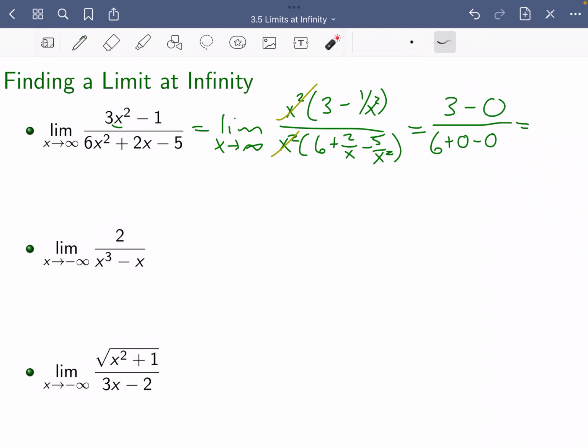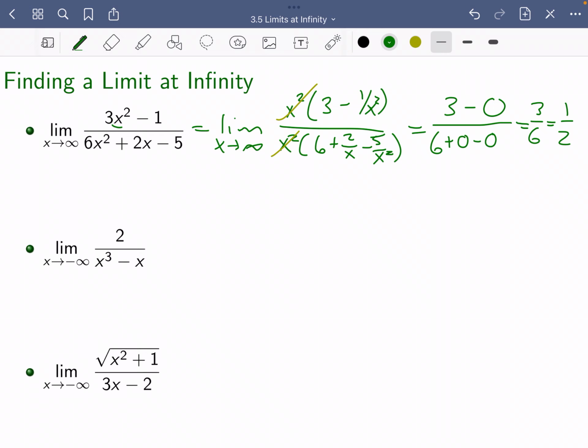Each of those terms is heading towards 0 as x gets really big. And so we're left with 3 over 6, or 1/2. So factoring out that x squared is a perfectly valid way to do that.